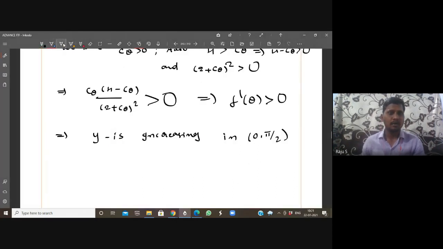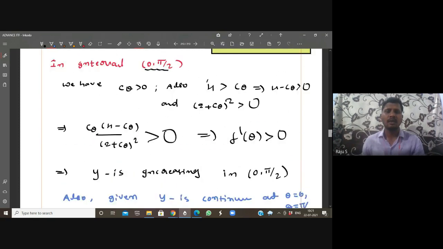Now we have to write that the given function y is continuous at theta equal to 0 and theta equal to pi by 2. It is clearly a continuous function.